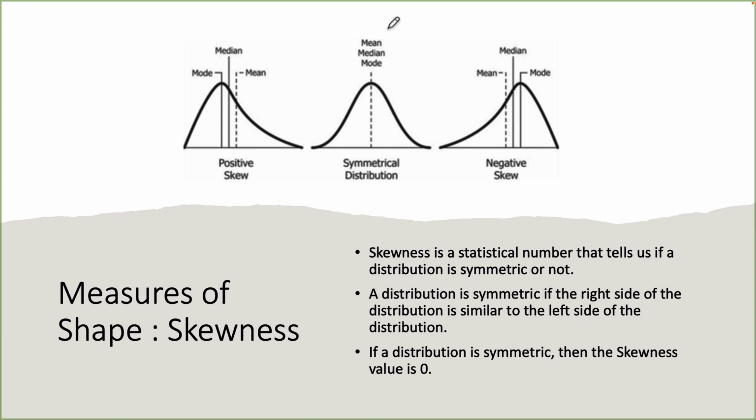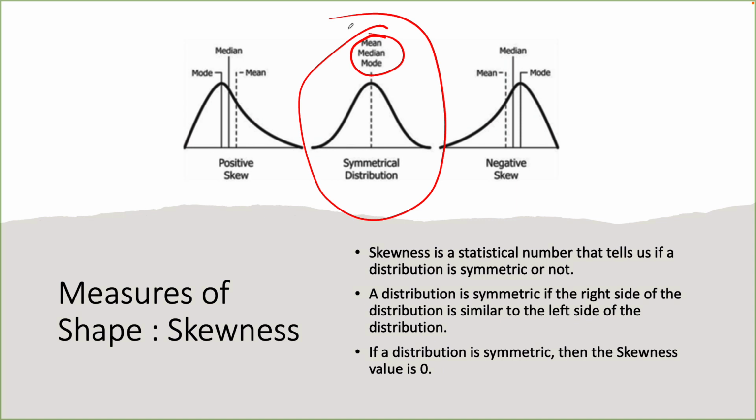This describes the symmetric distribution. In a symmetric distribution, the mean, median, and mode values will be equal, and the value of skewness will be equal to 0.